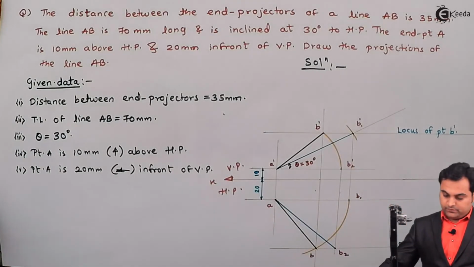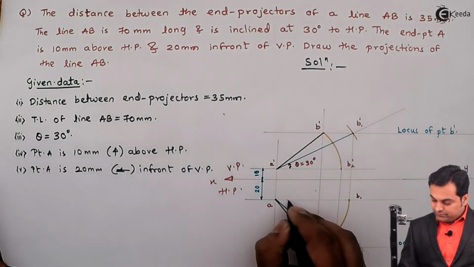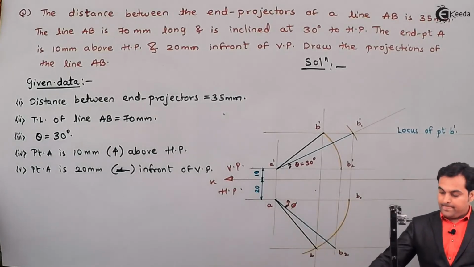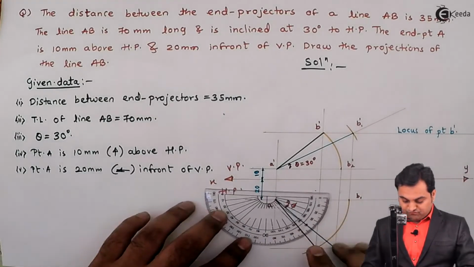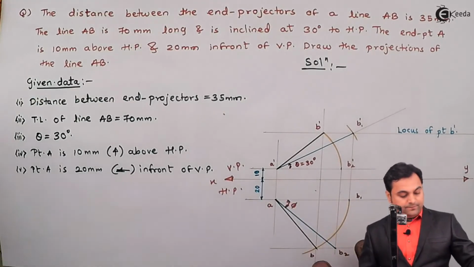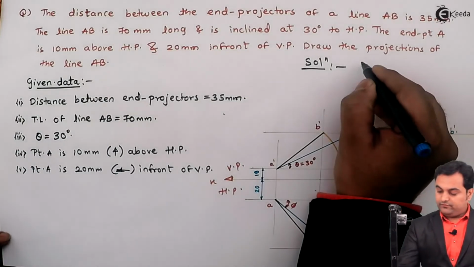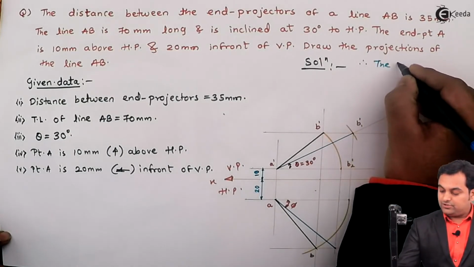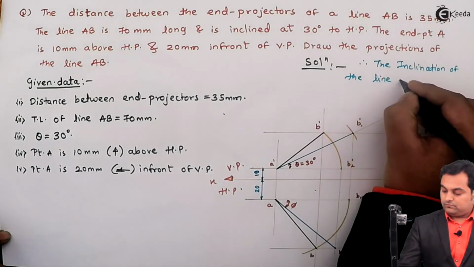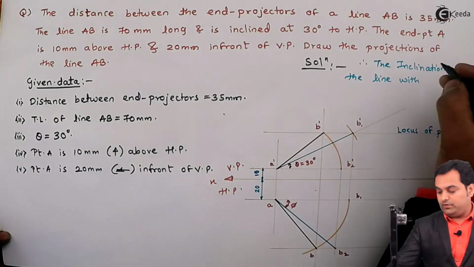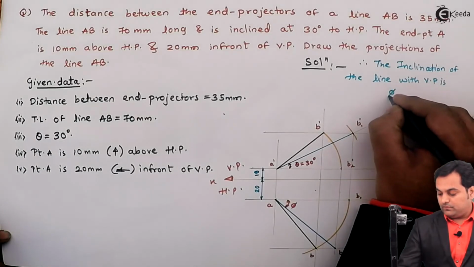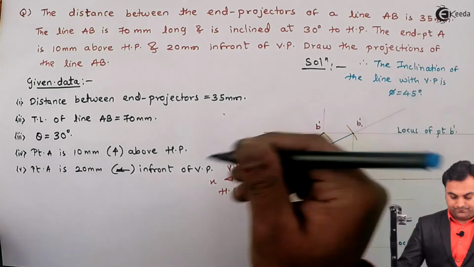Next, here is the inclination of the true length with VP seen in HP, that is phi, measuring the angle, 45 degrees. So therefore the inclination of the line with VP, seen in HP, is phi equal to 45 degrees.